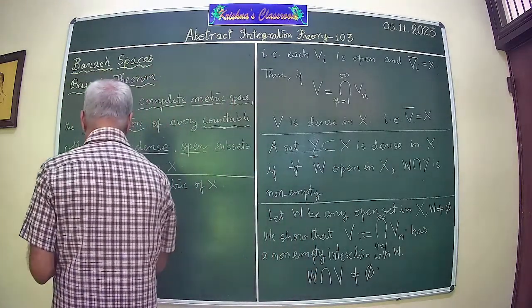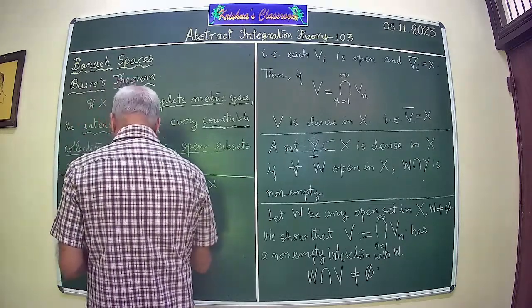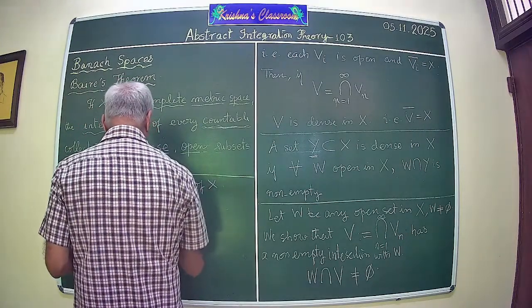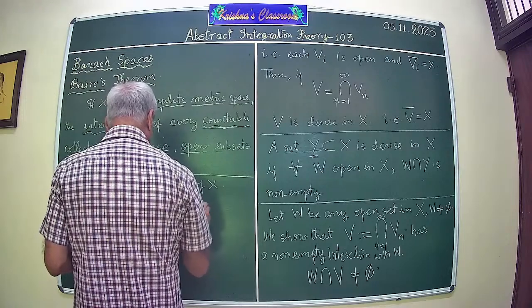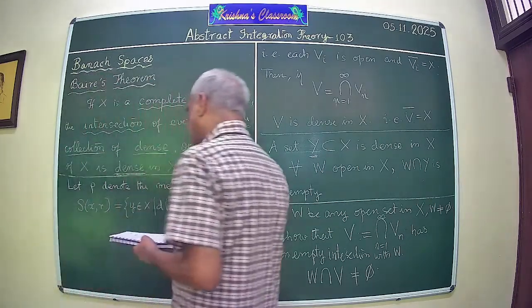That means the set of all y belonging to X such that the distance from x to y is less than r, for any r positive.